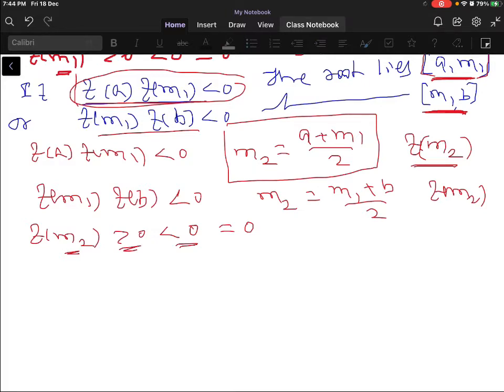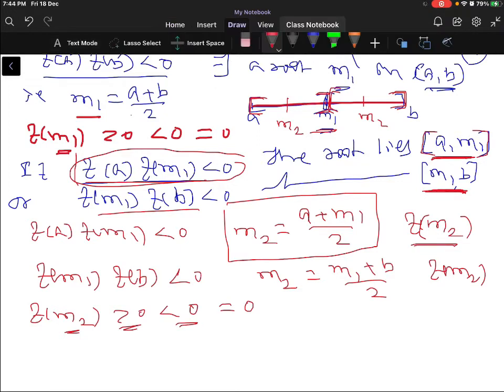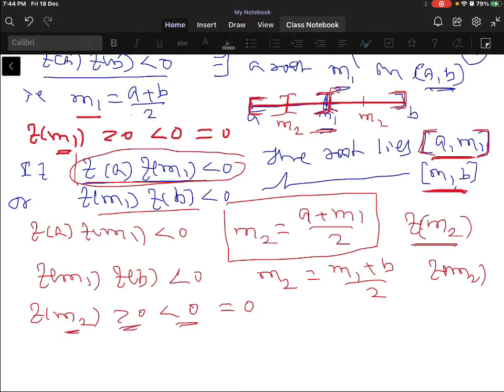Now we know the subintervals here: a comma m2 and m2 comma m1, because we assumed that the root lies in the interval a comma m1.